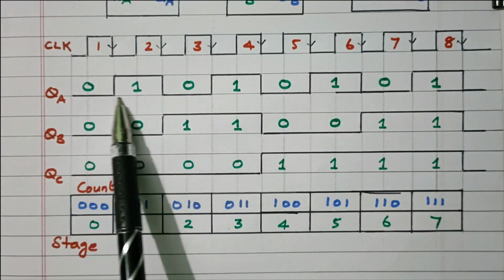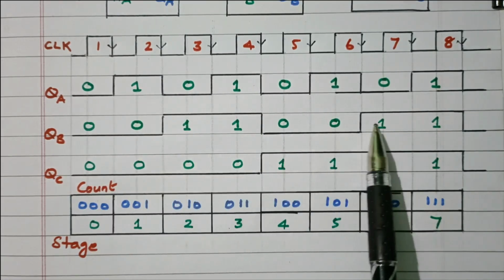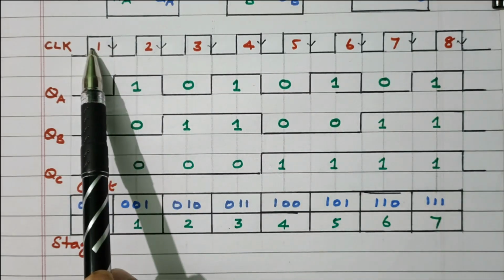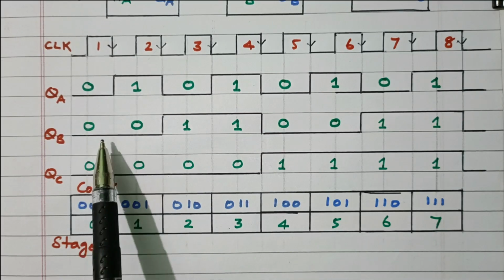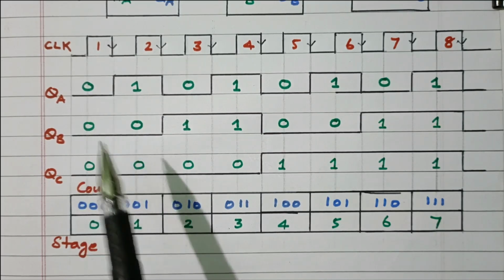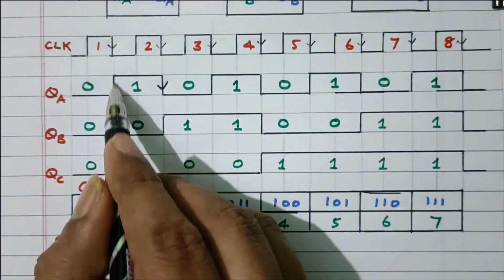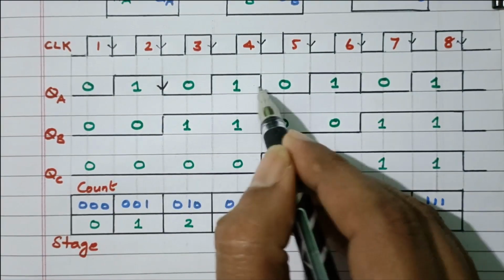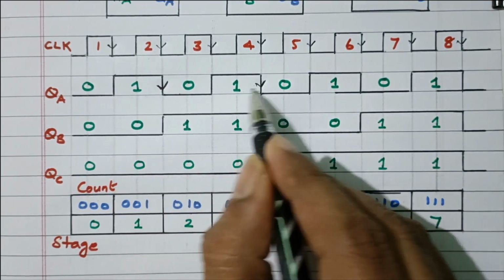Right. Now this signal is applied as the clock pulse of the second flip flop. So now the clock pulse is applied to the first flip flop. The output of the first flip flop is the clock pulse of the second flip flop. So whenever there is a negative edge, so this is the negative edge. This is positive edge. Similarly, this is positive edge, this is negative edge. Changing from 1 to 0, 1 to 0 is the negative edge.